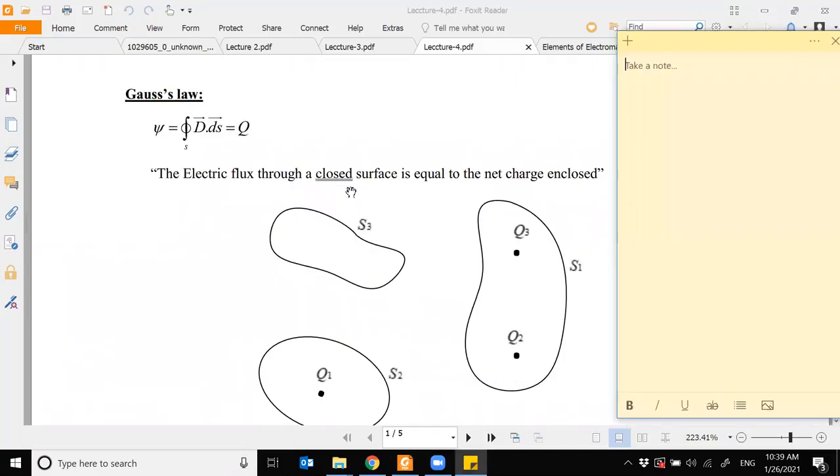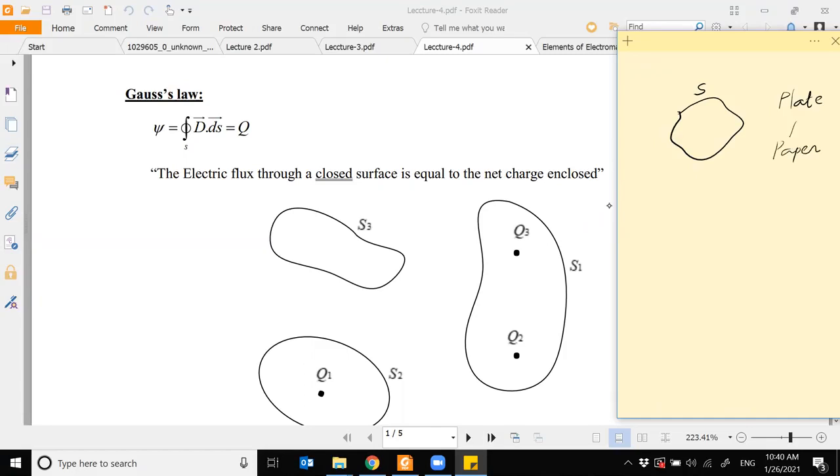So surfaces, there can be two types of surfaces. You might have seen this in chapter 3 and chapter 2. So first is an open surface. Let us assume this as an open surface. An example of an open surface is a plate, or you can think of it as a paper.